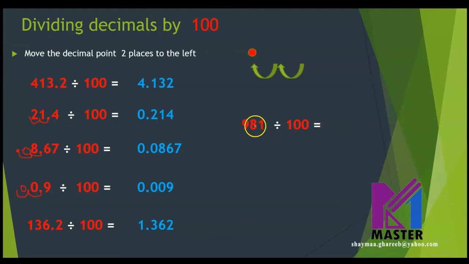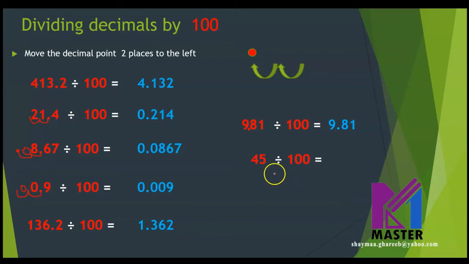So 1, 2, then I will add a decimal point. So the answer will be, and remember, when I count 1, 2, I always start from the right. Okay? So the answer will be 9.81.